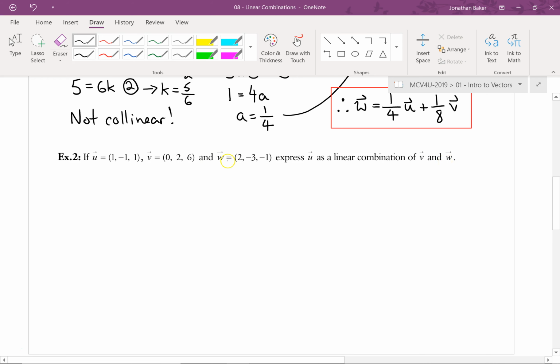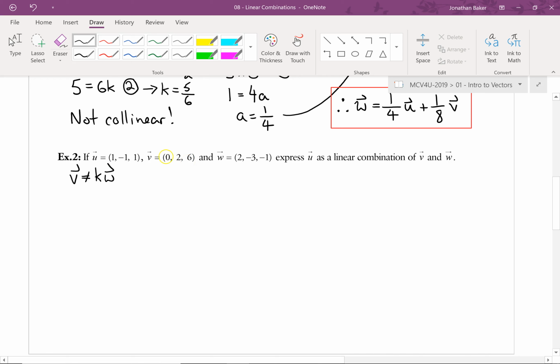Right away, we have to ask, is it possible that v and w are collinear? If we look at v and w, there's nothing we can multiply 0 by to get 2. So clearly, v is not equal to a multiple of w. That's going to be true whenever you have a 0 in one coordinate but not the other.